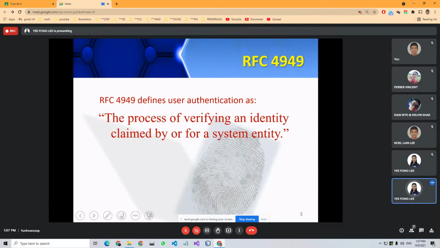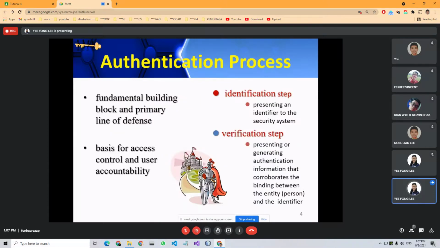Look at the definition: the process of verifying an identity claim by a system or system entity. In most computer security contexts, user authentication is the fundamental building block and the primary line of defense.